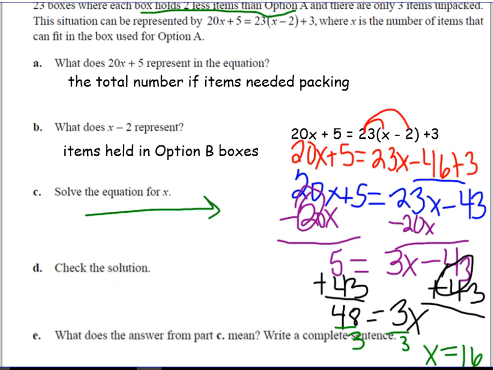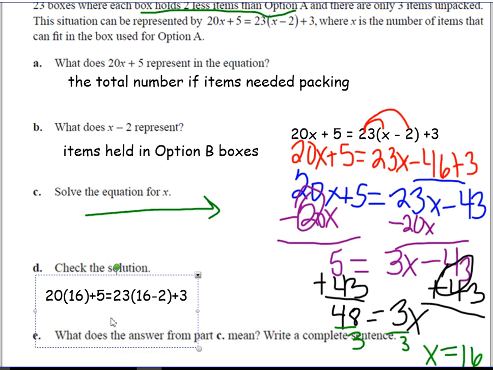It says to check our solution. So again, we're going to plug in 16 anytime we see an x. So we'll do 20 times x, so 20 times 16 plus 5 equals 23 times x minus 2, so 16 minus 2, and then plus 3.